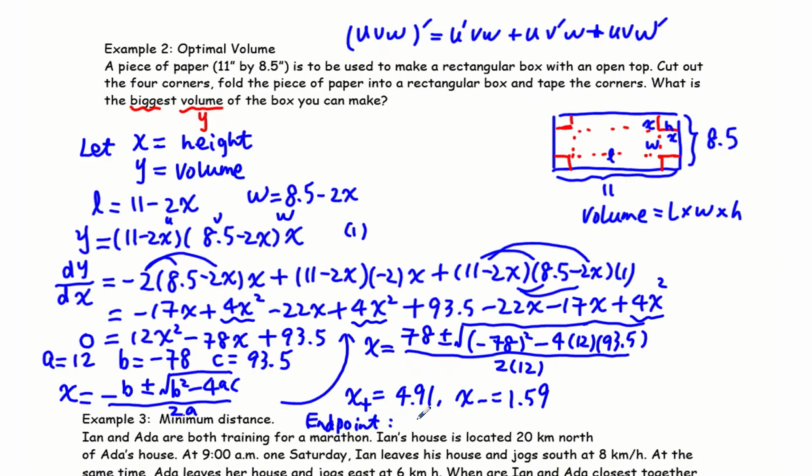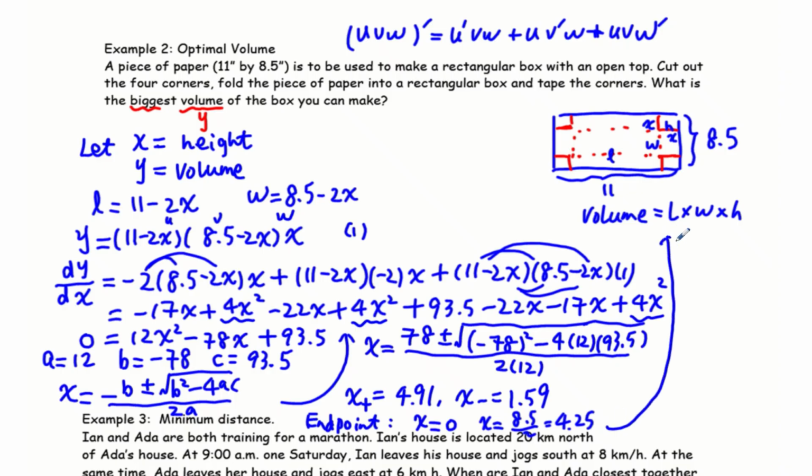So endpoint. Endpoint we have x equals the smallest is 0. The largest will be half of this 8.5. Largest is half of 8.5 for x. Otherwise, the other side will be 0 already. Then we are going to sub in, find the volume.